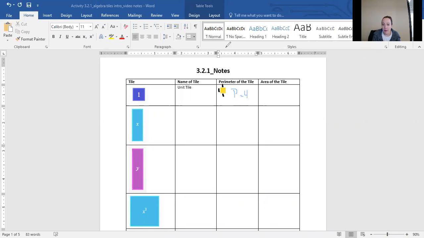Now area, if you remember how to find the area of a shape or a rectangle, area is the base of that shape times the height of that shape. And so for this guy, we have the base is 1, my height is 1, so I get 1 times 1, so my area is 1 square unit.